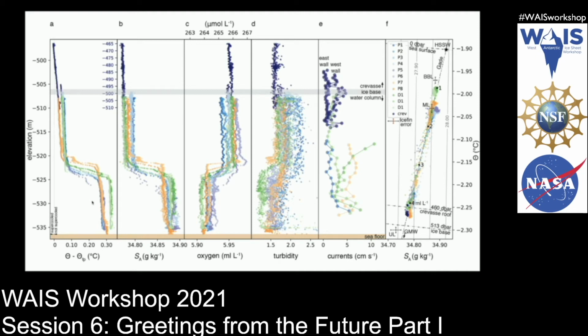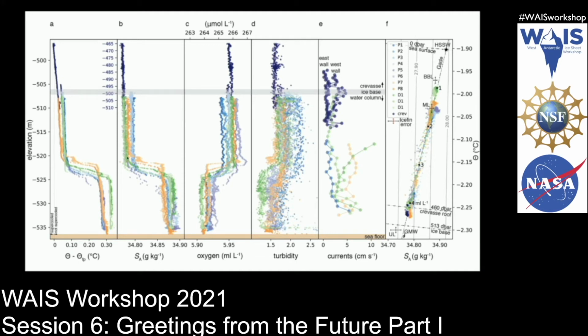And here is showing thermal forcing, salinity, dissolved oxygen, turbidity, and then current speed, just the magnitude of that. There's this beautiful two-layer system at the site with an upper water column and a lower water column, the upper being colder and fresher, the lower being warmer and saltier, and then this pycnocline separating the two.